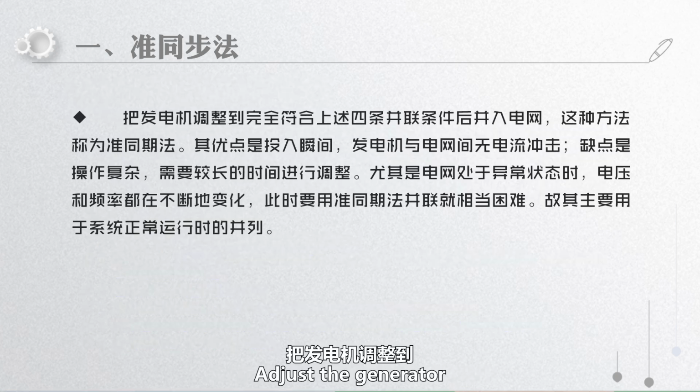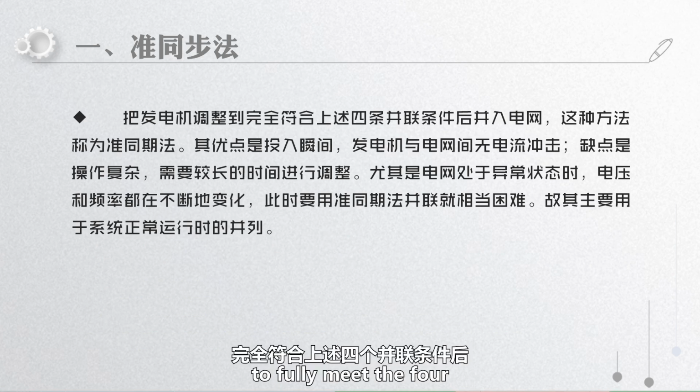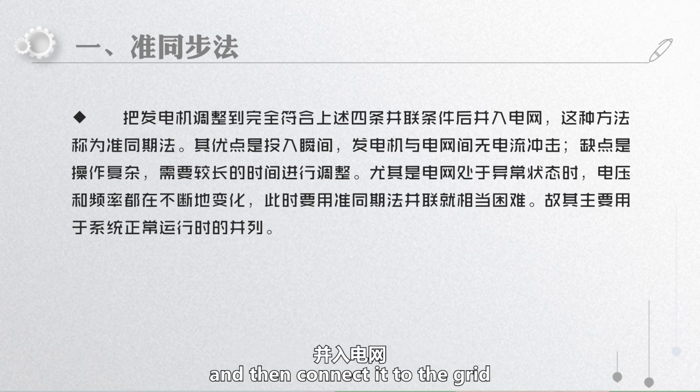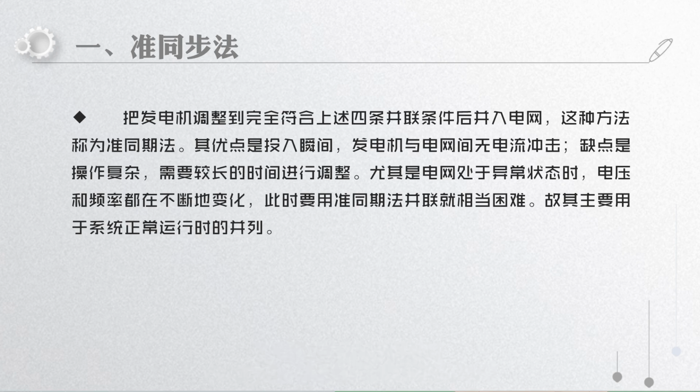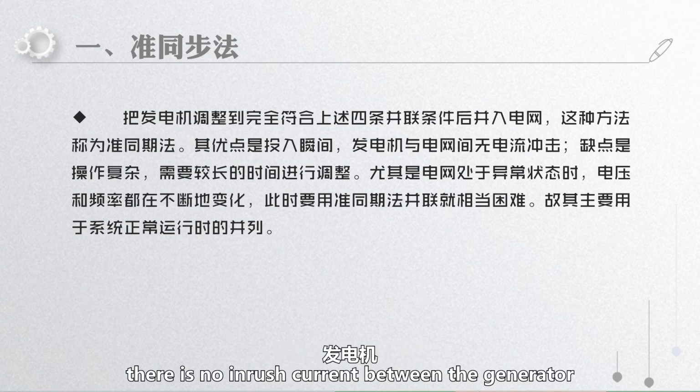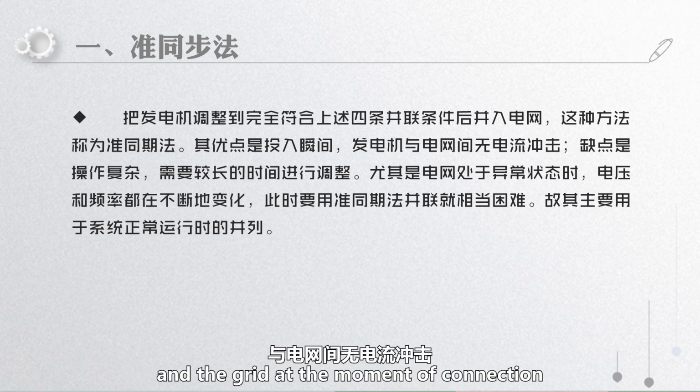Adjusting the generator to fully meet the four synchronization conditions above, and then connecting it to the grid, is called the quasi-synchronous method. Its advantage is that there is no inrush current between the generator and the grid at the moment of connection.